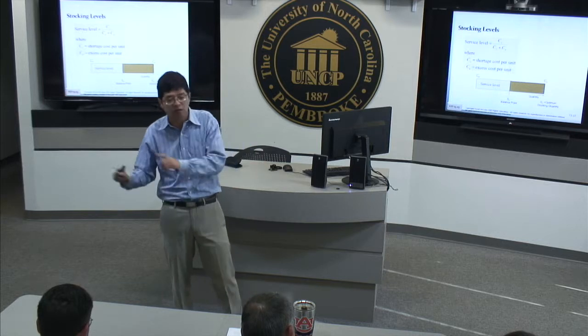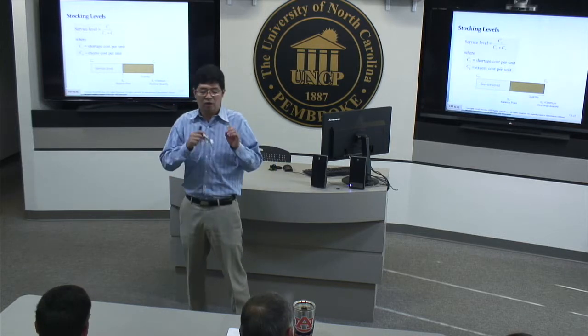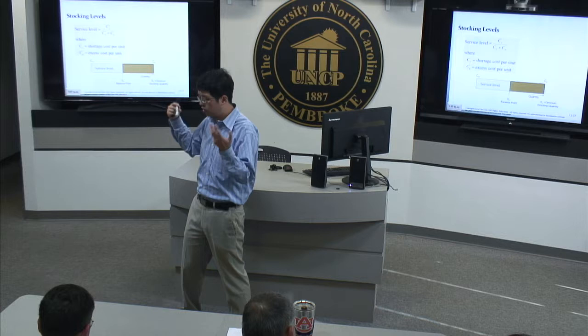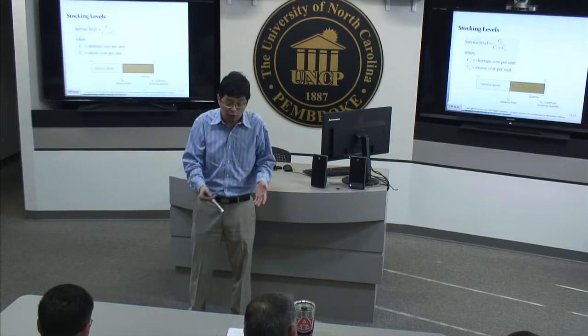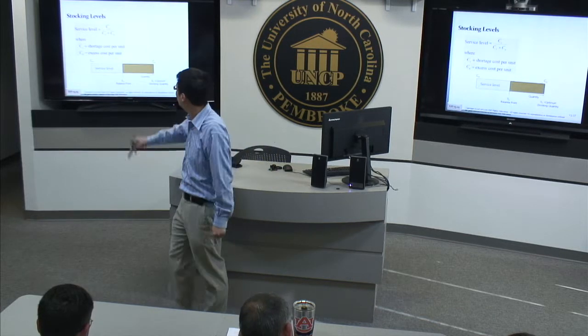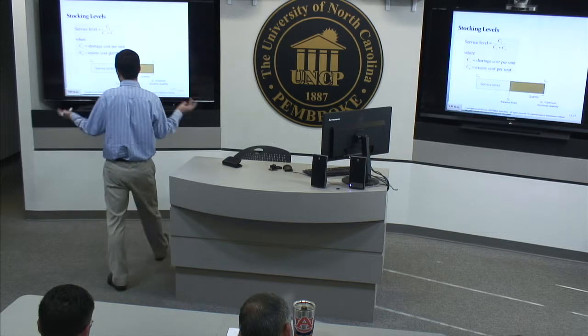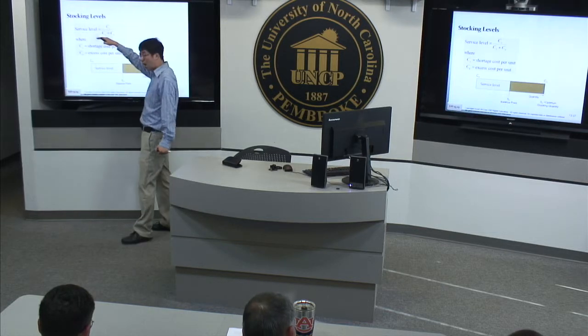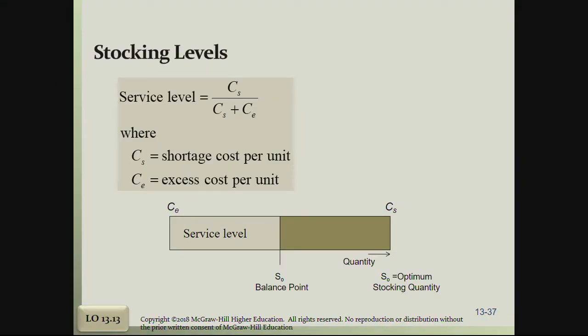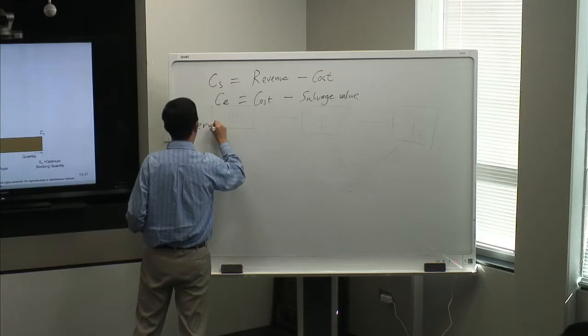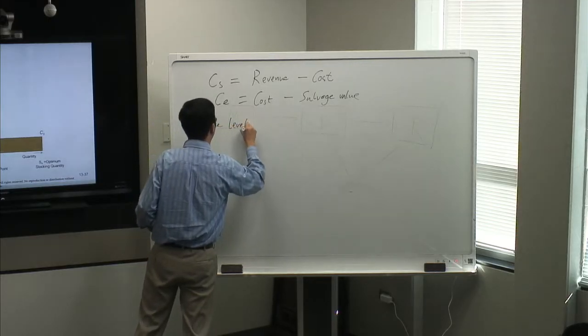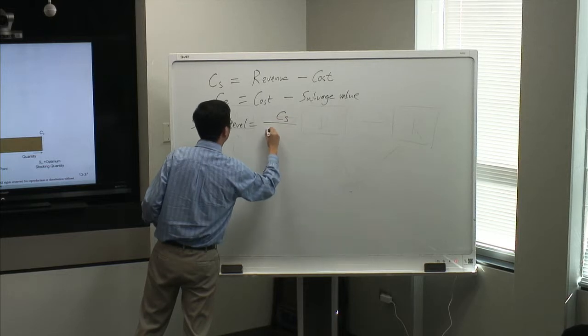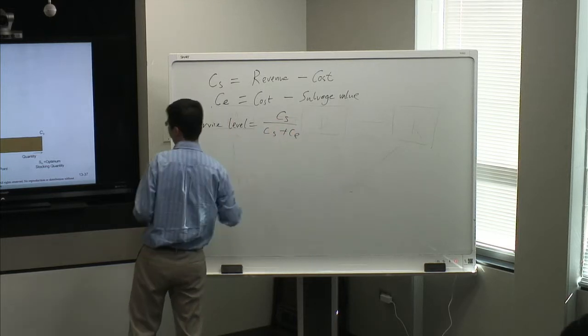We write down the total cost function, which is a function of the service level, and take the first derivative equal to 0. We solve this equation, we get this. Just trust that one, you understand, right? But the calculus gives us the optimal service level, this critical ratio, CS divided by CS plus CE. So that's the service level.